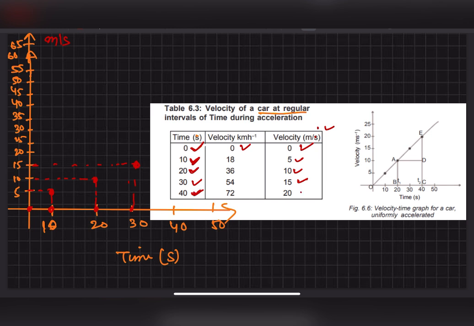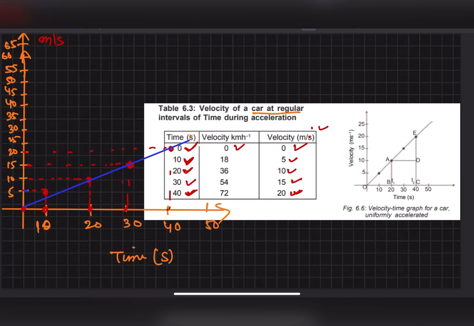Time is 40, velocity is 20. So I got this. If I join all these points, I'll get a straight line. A little bit of mistake maybe I have made while drawing this, but you'll get a straight line if your graph is correct enough. So you'll get the graph like this. This is the velocity time graph.